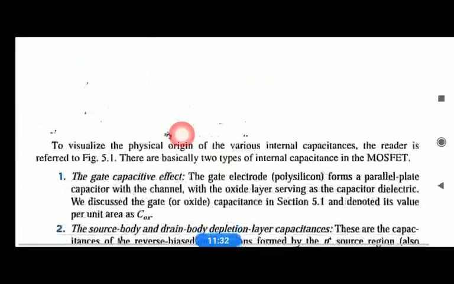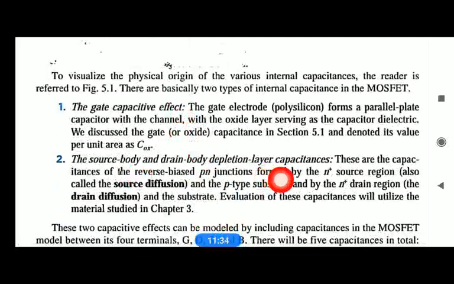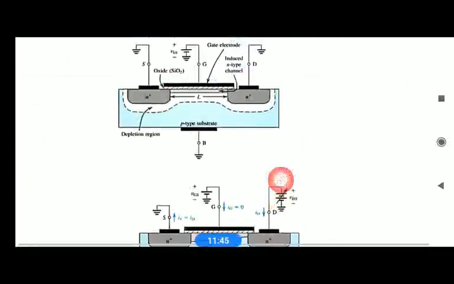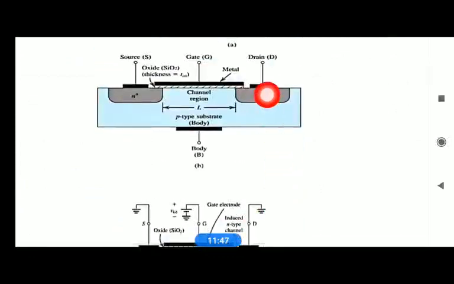Next we have the next category, the source to body depletion layer capacitance. Here, source to body and drain to body depletion layer capacitance. In between the source, drain and body there will form a capacitance.